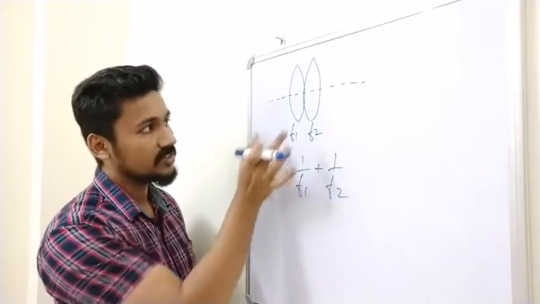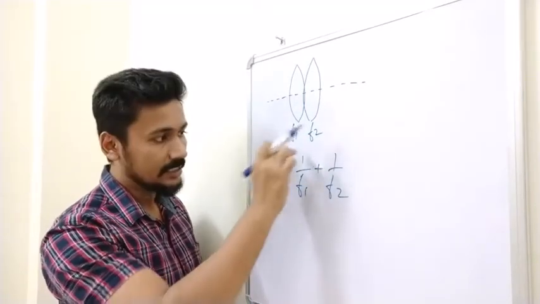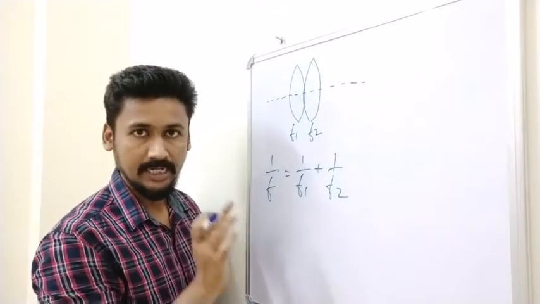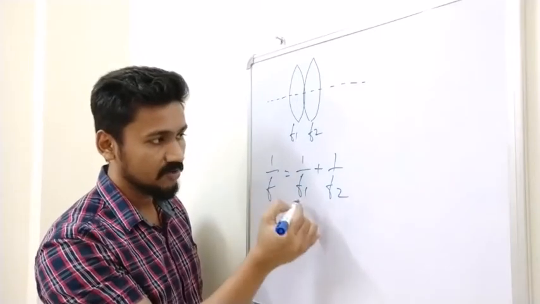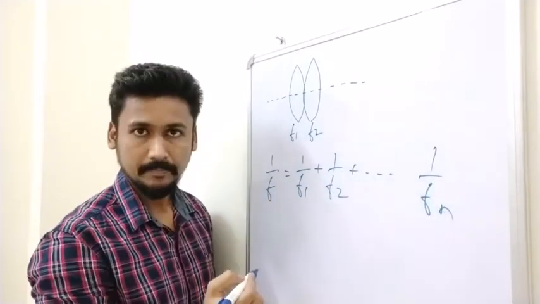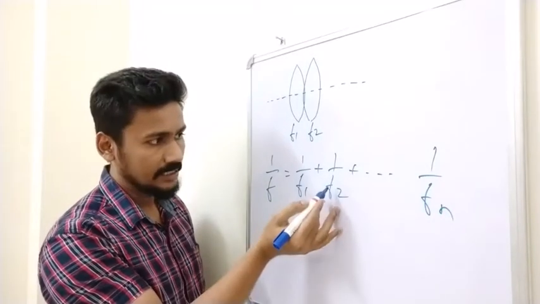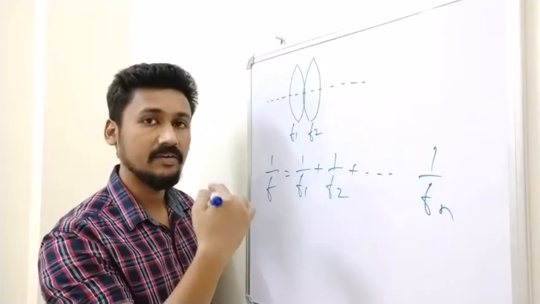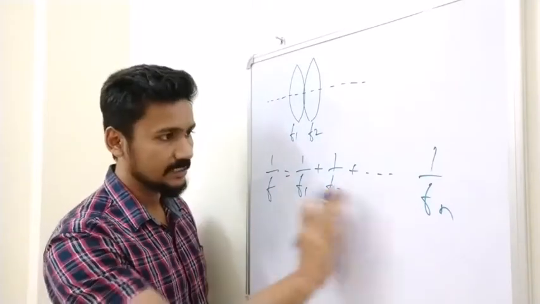The reciprocal of the combined focal length will be equal to the sum of the reciprocals of the individual focal lengths. If you have n number of lenses like this, the formula will be 1 by f1 plus 1 by f2 up till 1 by fn. Wherever the lens is convex, here we will get plus f. Wherever we have concave, this plus will get replaced by minus.